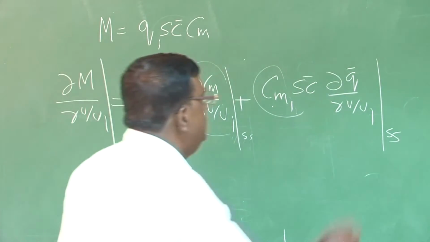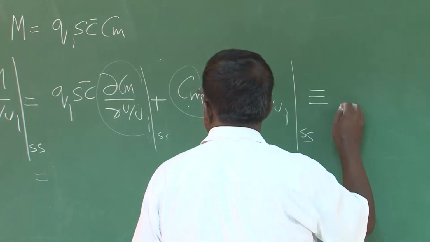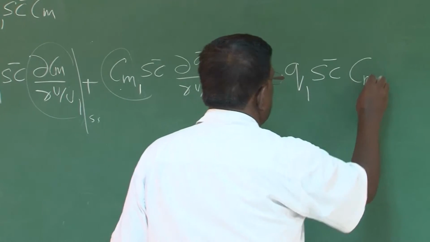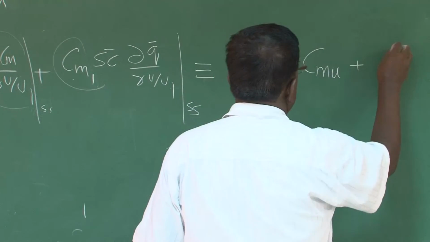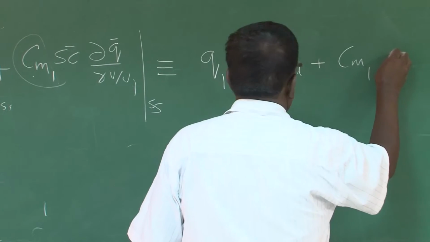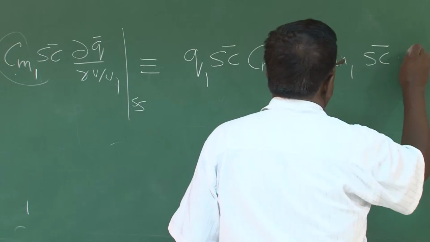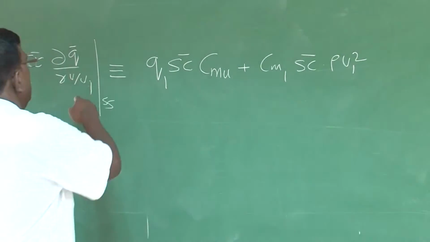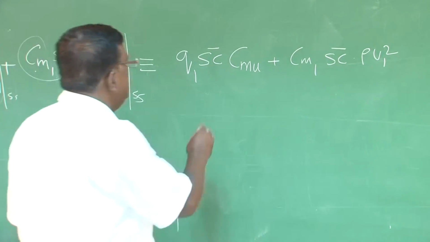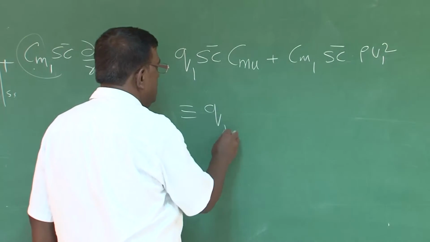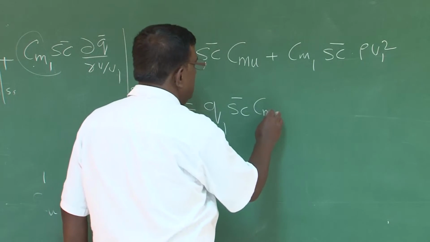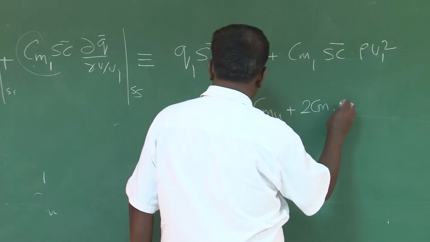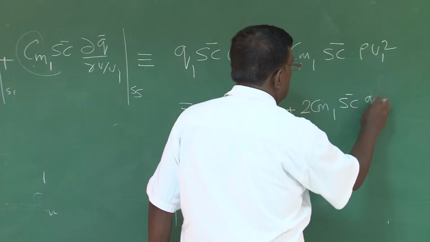Here I do further simplification of the expression. I write Q S C bar Cmu plus Cm1 S C bar into rho U1 square, because I know dQ bar by du1 is rho u1 square. Which I can write again as Q1 S C bar Cmu plus 2 Cm1 into S C bar Q1 bar.